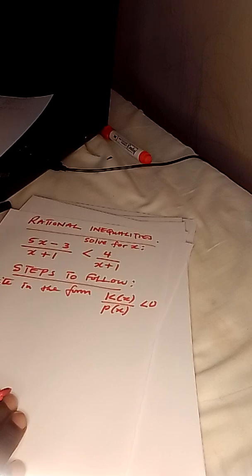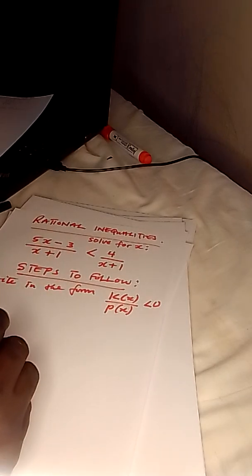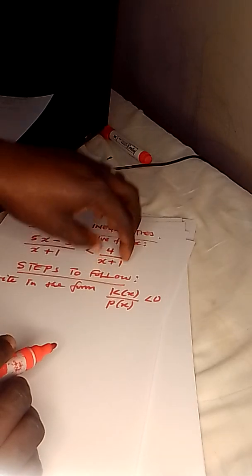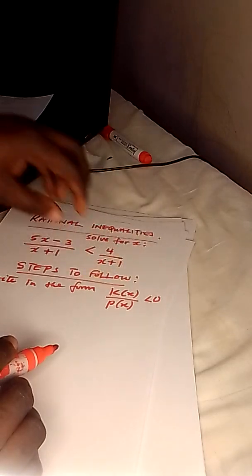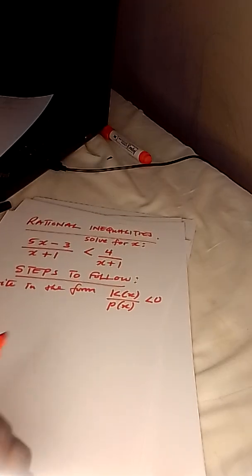So you write it in this order. So I'm going to do that step now with this question. That means I must move everything from the right to the left and then put 0 on the right. That is what I mean.